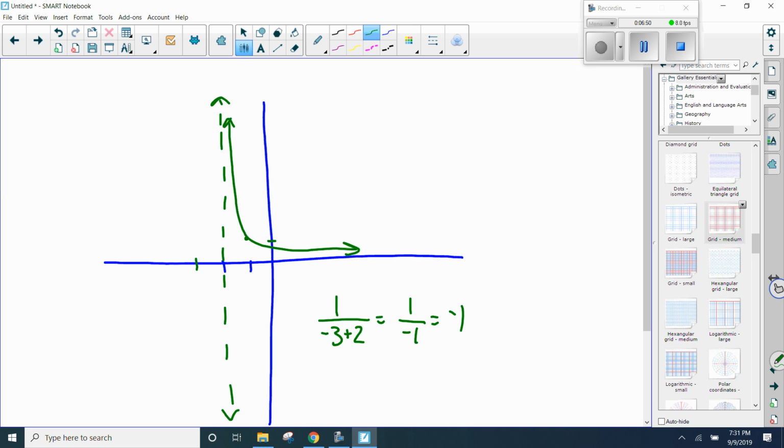And you get this point -3, -1, which is going to be your turning point where you curve and you approach the line x equals -2 as a vertical asymptote, and a horizontal one, you will approach that x-axis, but you will never cross it. So I hope that helps.